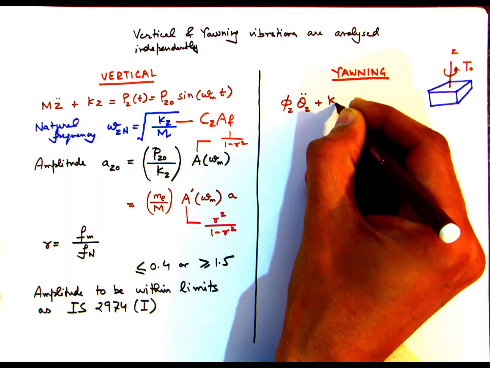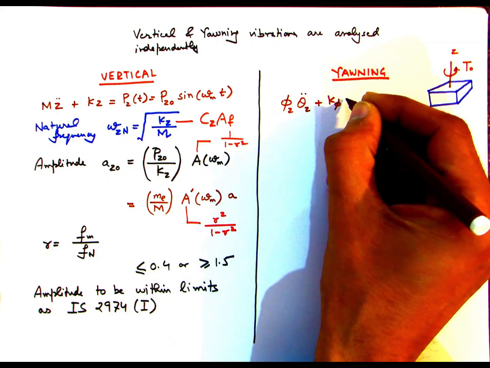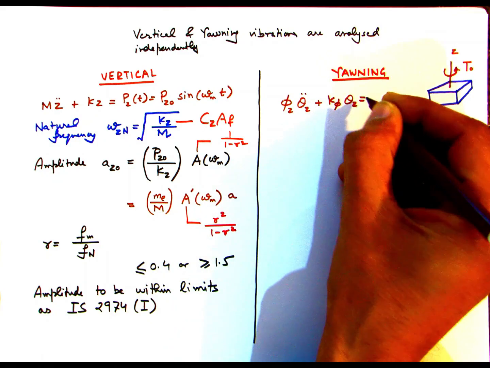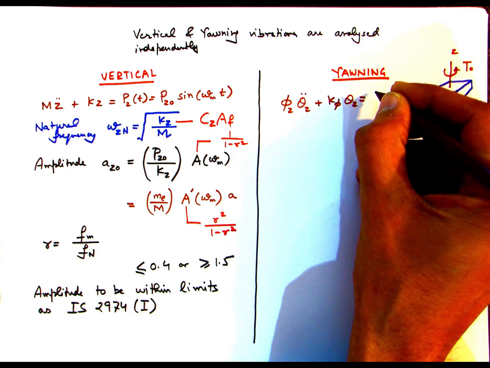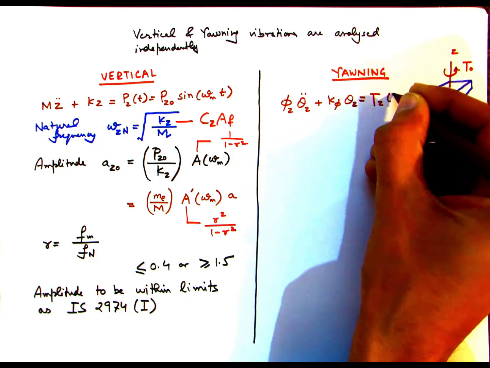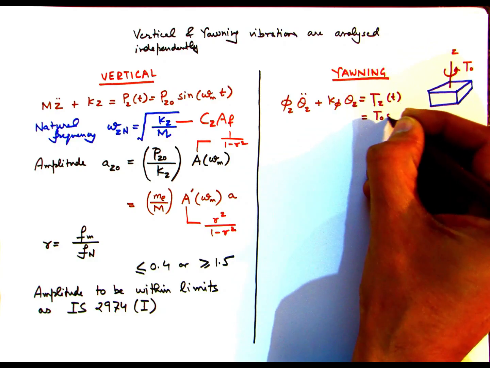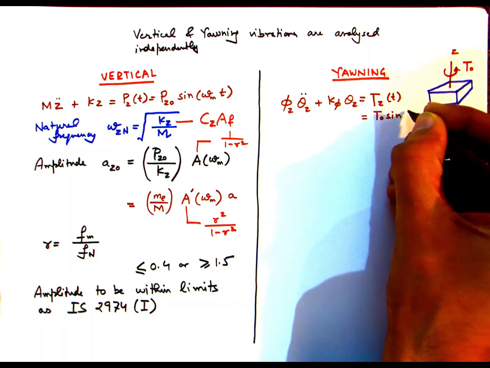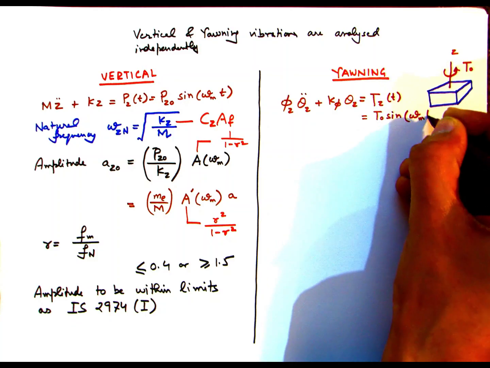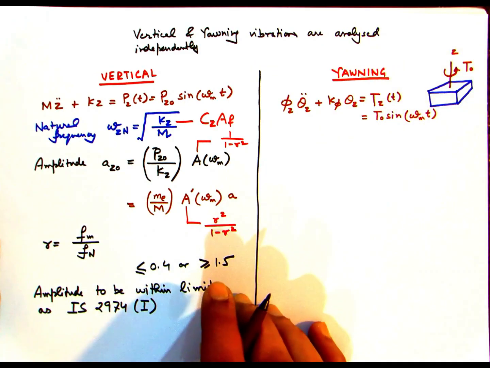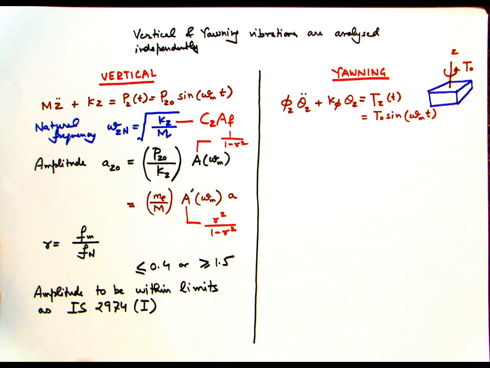So here, in place of m, we have the mass moment of inertia because rotation is involved. So phi z, the mass moment of inertia, multiplied by theta z double dot, which is the second derivative with respect to time, plus k phi theta z equals the torque, which can be expressed as a sine function, and the amplitude is T naught.